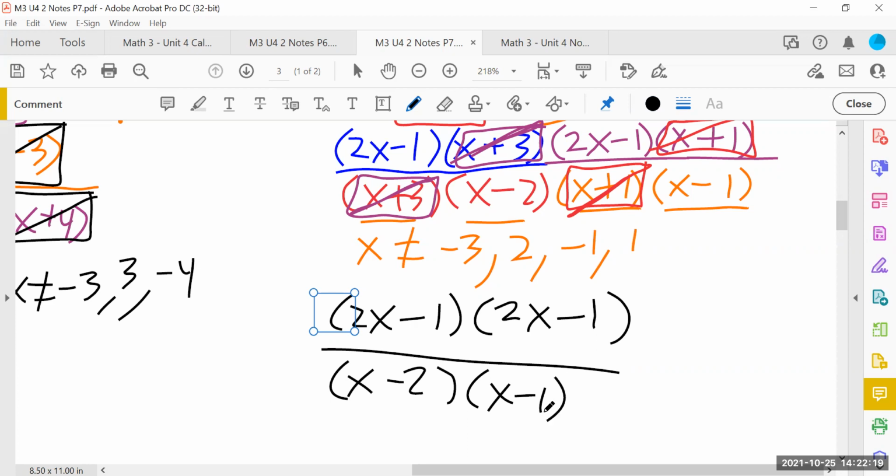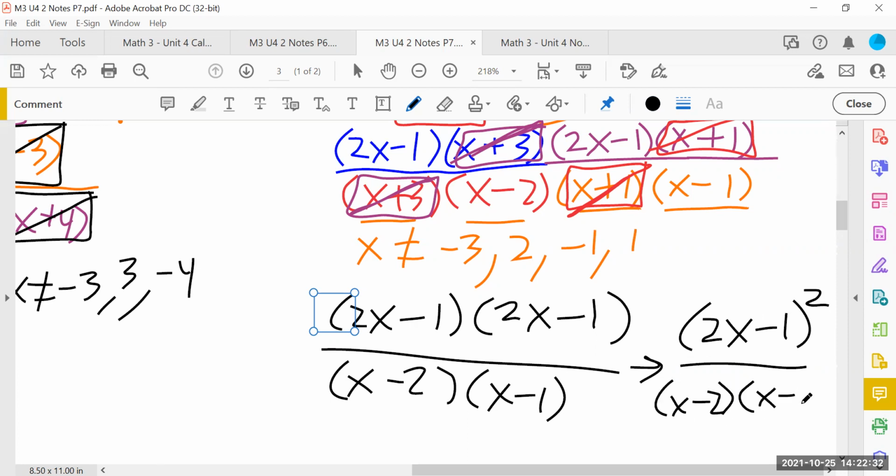That would be one answer. You can also, though, write that 2x minus 1 as 2x minus 1 squared, if you would like to. A little bit more condensed. Either one is fine. Does anyone have questions about that one?